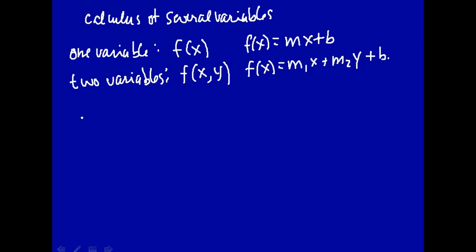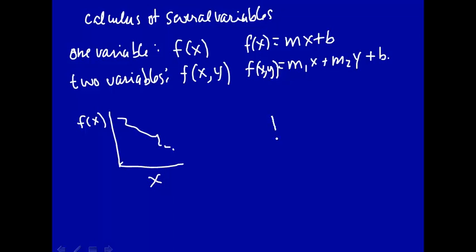If we just plot f of x on a graph versus x, depending on what function it is, we'll get something like that. If we try to plot f of x and y, a function of two variables, we'll actually need three dimensions.